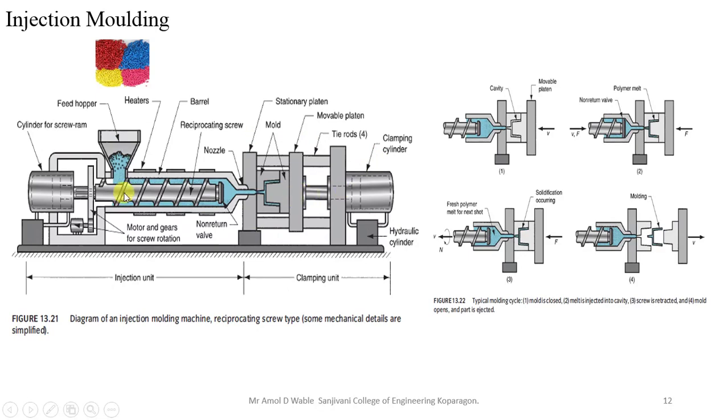And here let us see how it works. So when you pour your plastic material, you can see it is initially in powder form or a solid state.